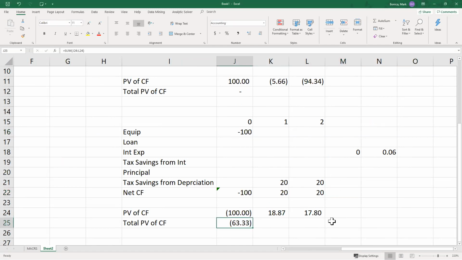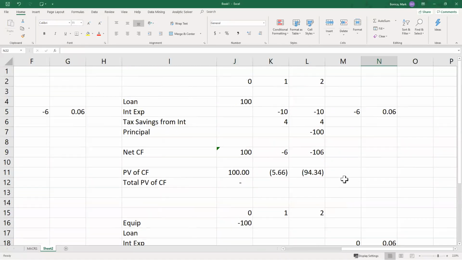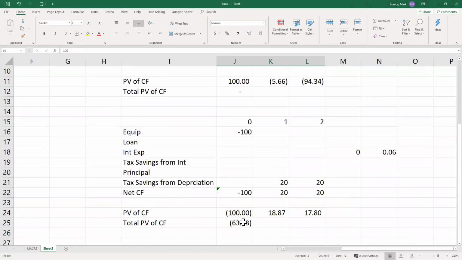And you'll notice I wind up with $63,333 down here as the present value. So what's happening? Well, what I'm trying to show you is that the financing portion of the problem has no impact on the present value.